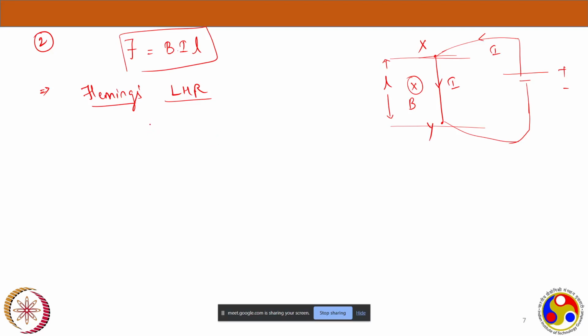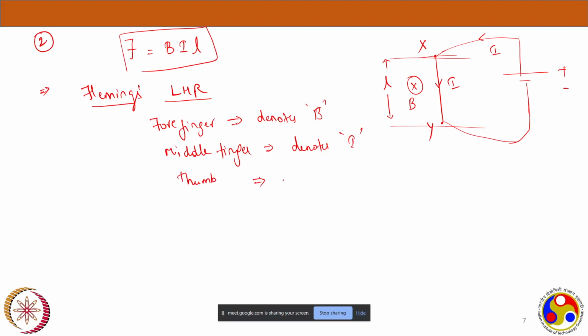I'm writing it here. Forefinger denotes B, middle finger denotes current direction, and my thumb will give the direction of force experienced by the conductor.